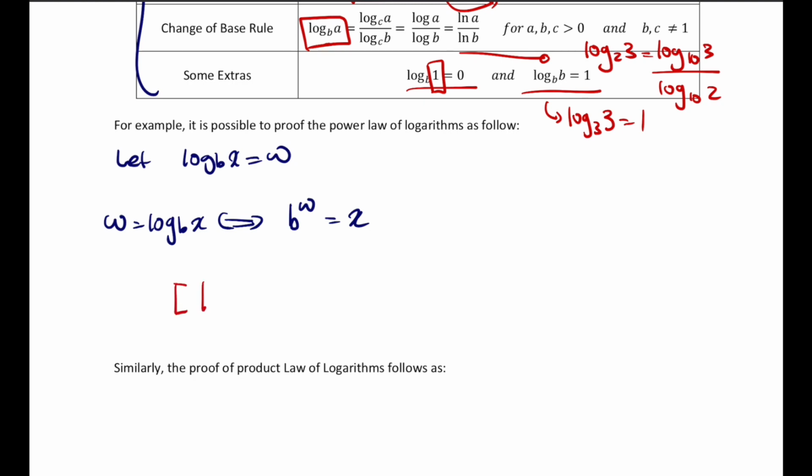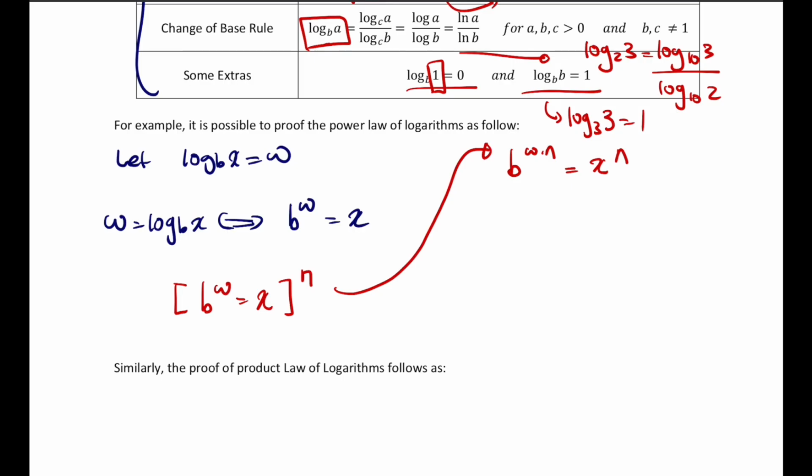Then let's multiply the exponents of this equation by n, so we get b to the power of w times n equals x to the power of n, right?